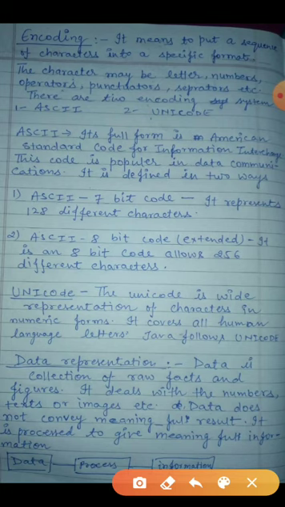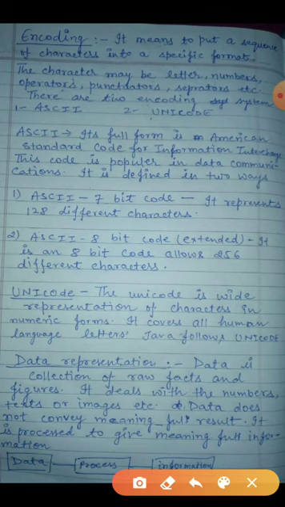Suppose you are making tea. The tea leaf and sugar are the data. But that does not mean tea has been made. What comes out after processing, that is information. The same thing here: data does not convey a meaningful result. Processed to give meaningful output, that is called information.